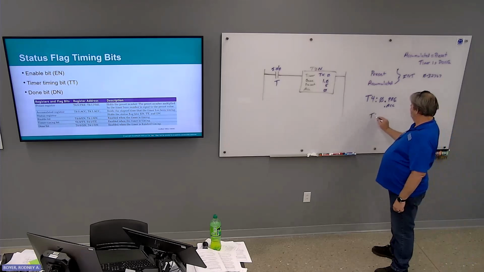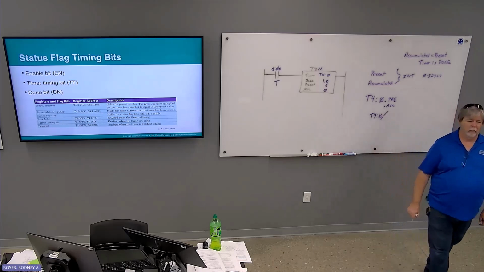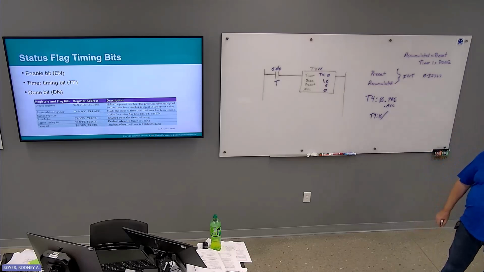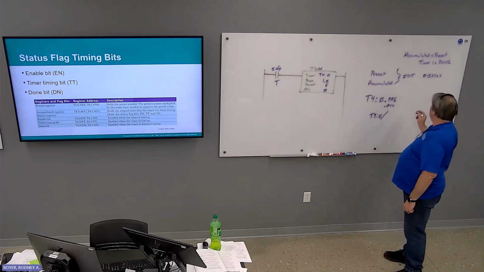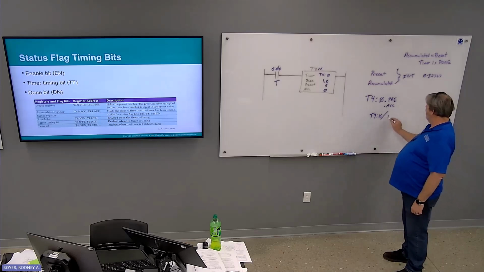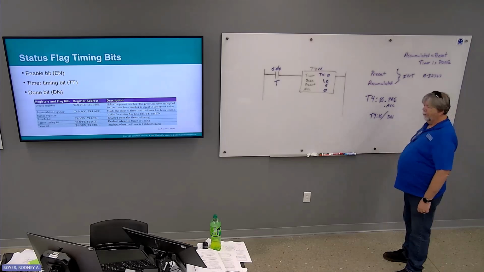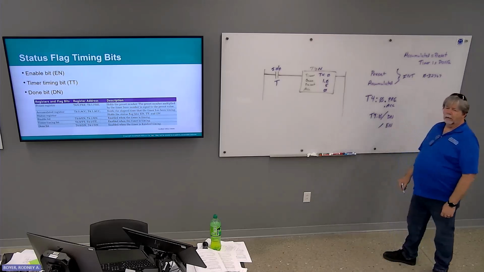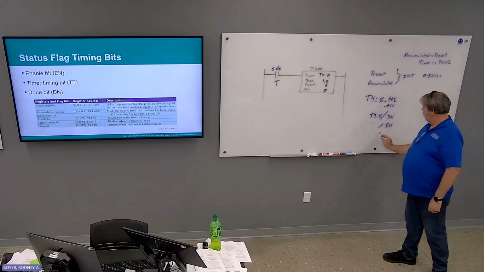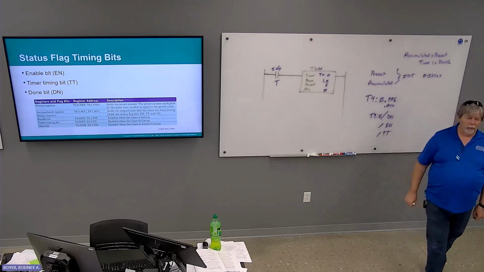You also have the slash, which is your bit delimiter. Okay. Well, you need to specify which bit you're referring to, so it's either DN for done, EN for enable, or TT for timer timing.